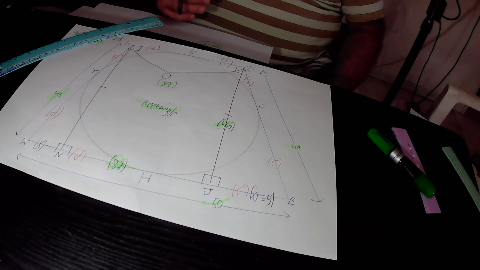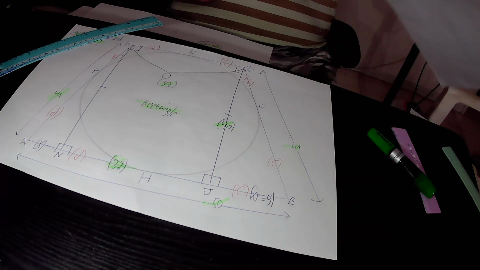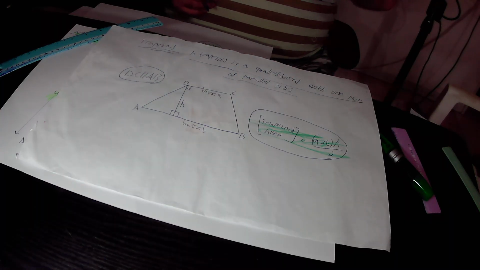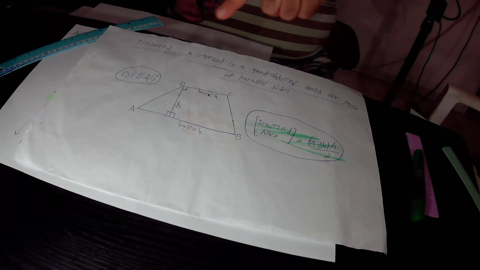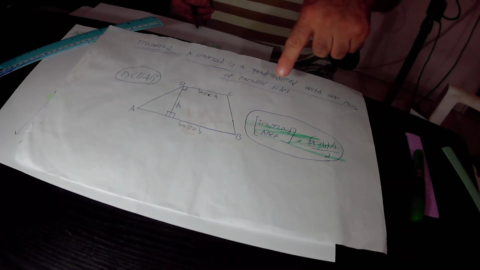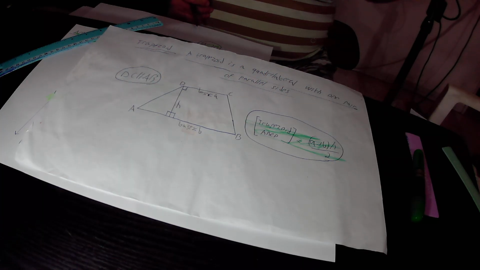A trapezoid is a quadrilateral with one pair of parallel sides. This is quadrilateral ABCD. In quadrilateral ABCD, side DC is parallel to the opposite side AB, and therefore quadrilateral ABCD is defined as a trapezoid because it has one pair of parallel sides.